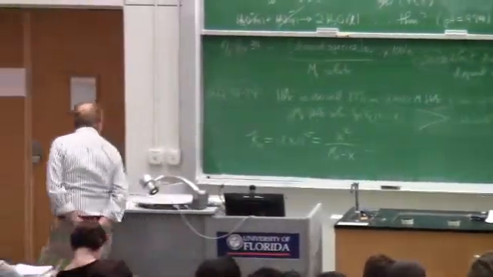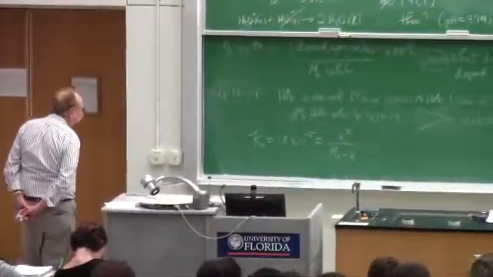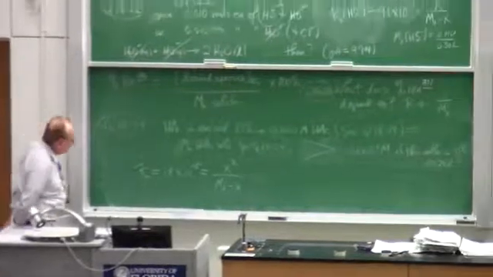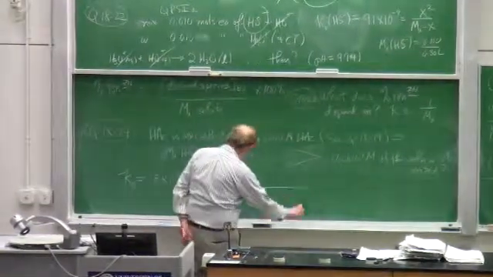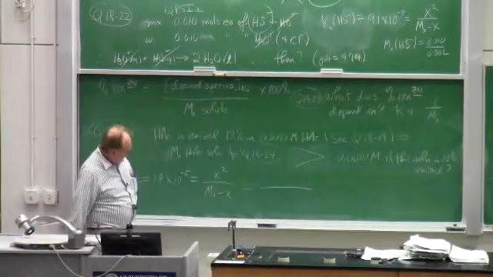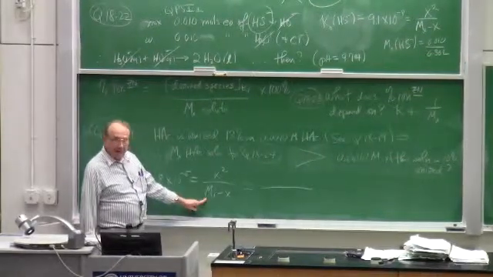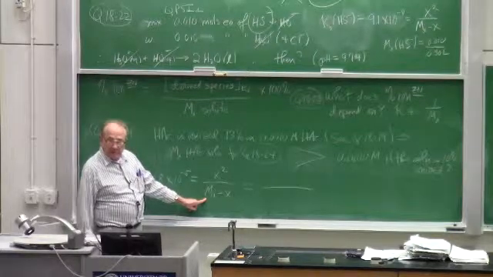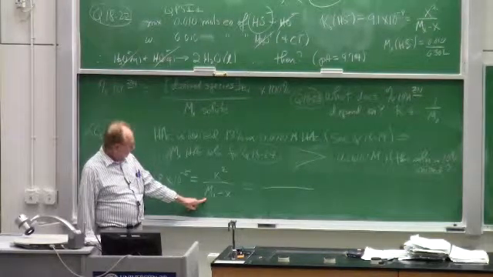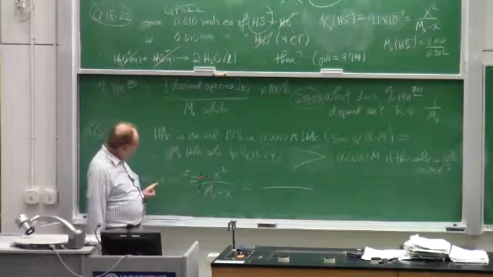What is the molarity of this solution? Well, here's our recipe. What are we going to write in the denominator? I got m sub I minus x. What is x for this solution?